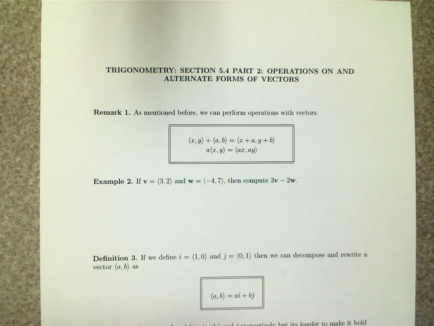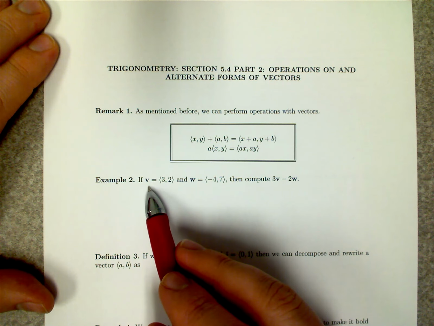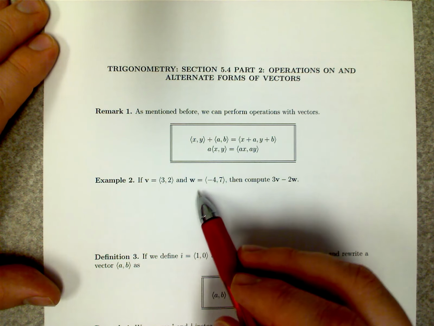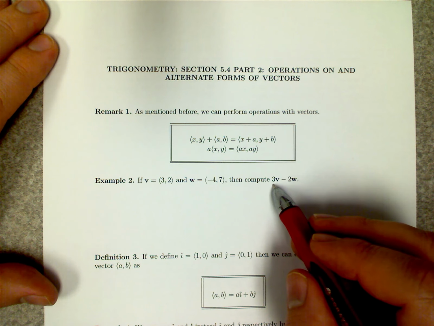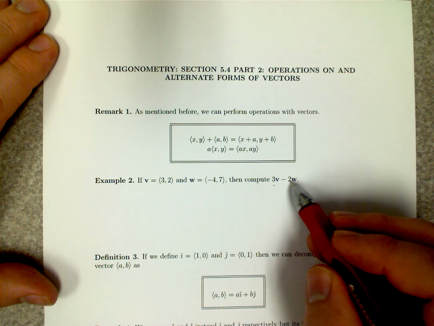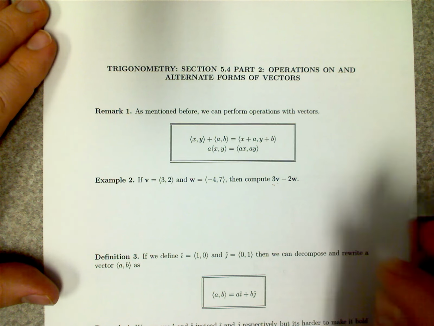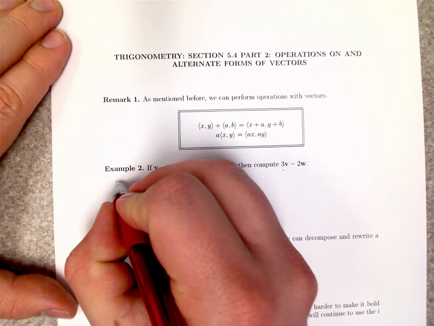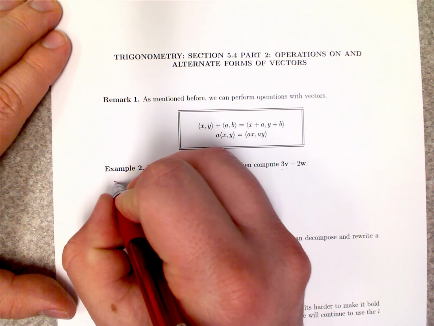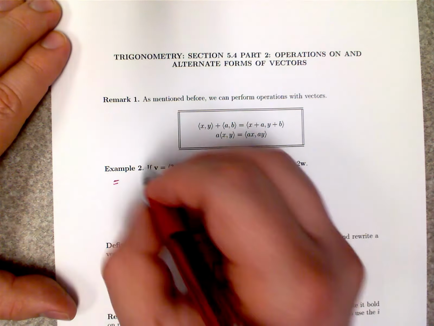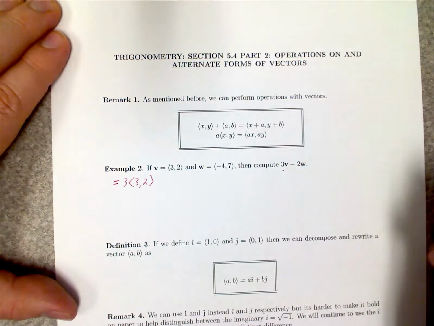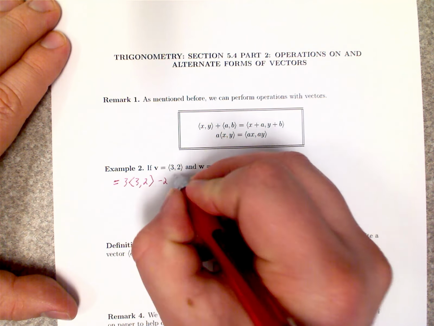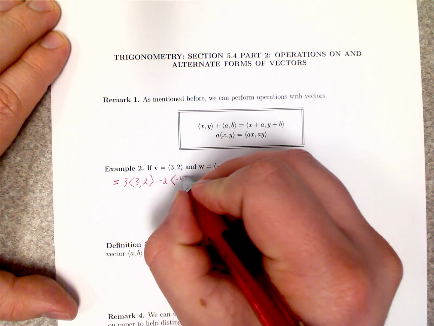All right. So what if we saw the vector v being 3, 2, the vector w being negative 4, 7, and we're trying to find the resultant vector from 3 times v, the scalar 3 times v, minus 2 times w. So what would we do? Well, it's the same as multiplying, so 3 is the scalar, 3, 2. Let's just rewrite it in component form. Minus 2 times w, which is negative 4, 7.